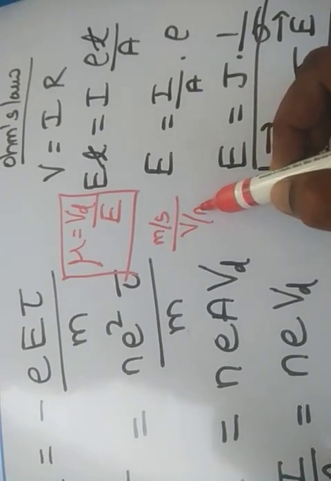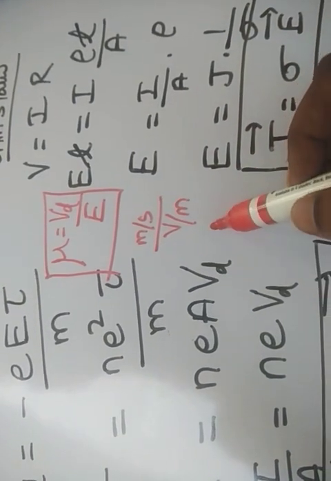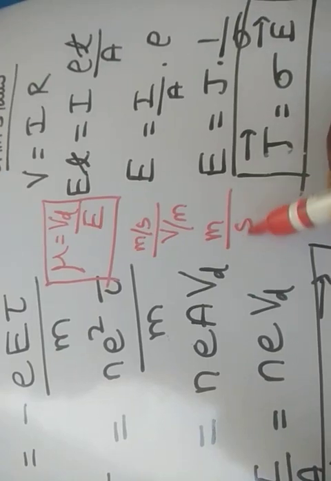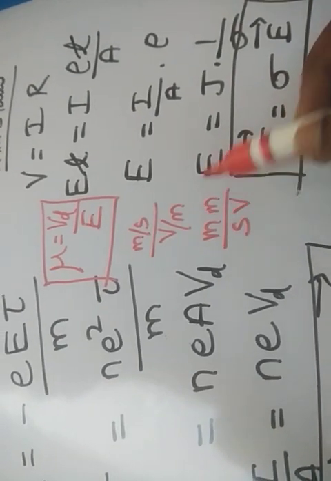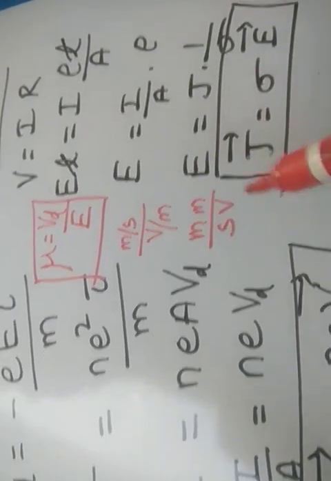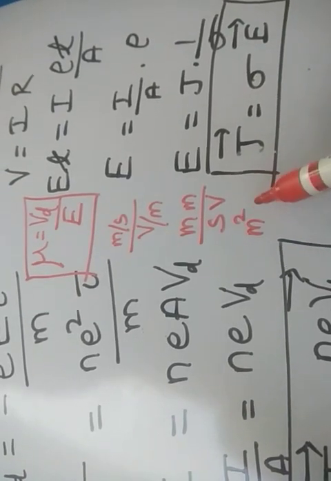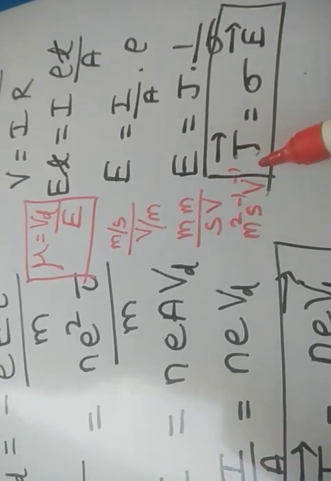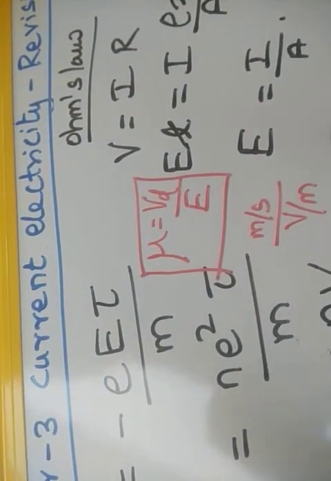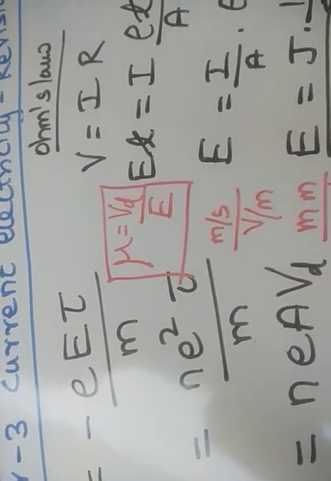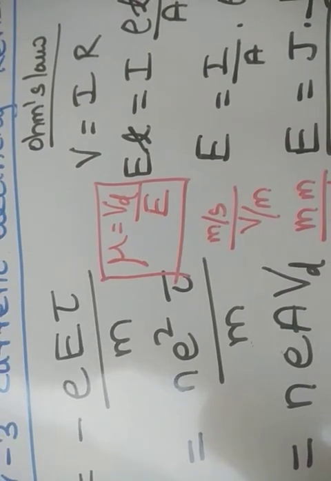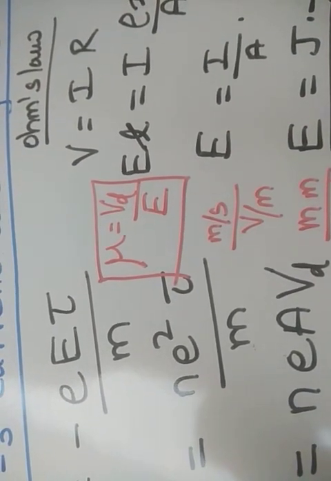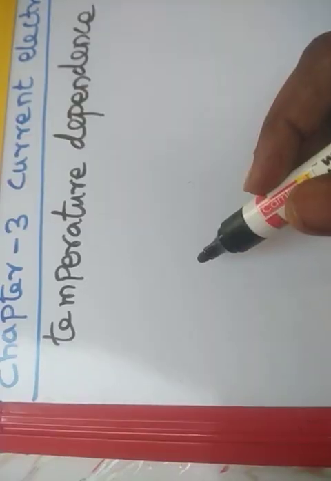So we have meter per second divided by volt per meter. We get meter squared second to the power minus 1 volt to the power minus 1. So that is the SI unit of mobility. Mobility is defined as the drift velocity of the free electron per unit electric field.